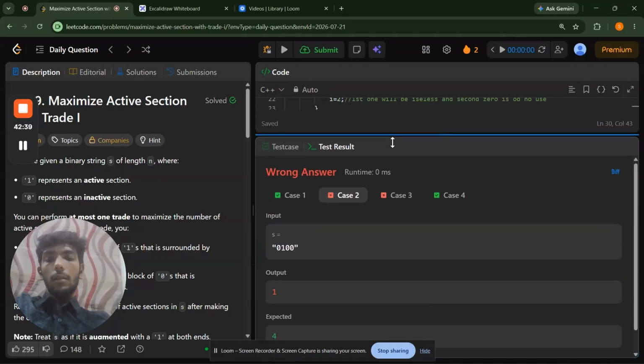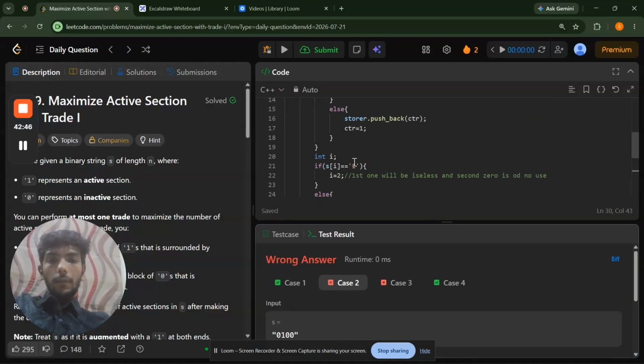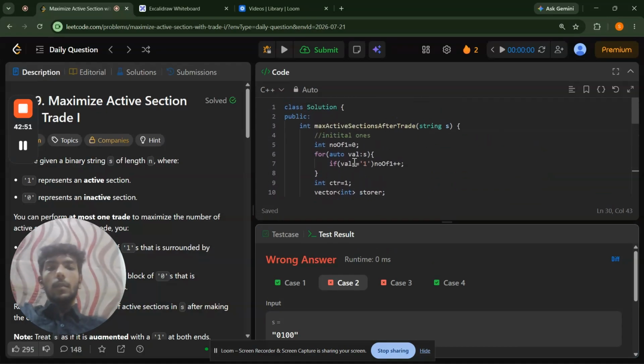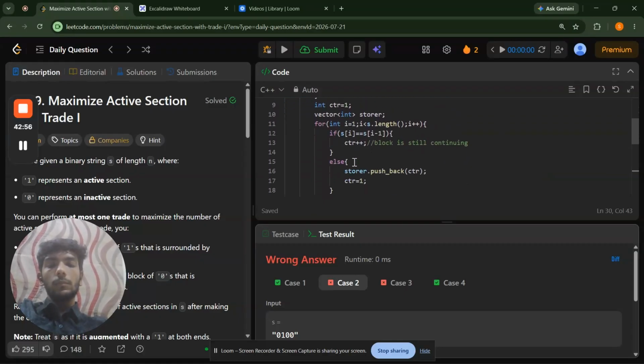Okay, what is the issue? Store dot push back.